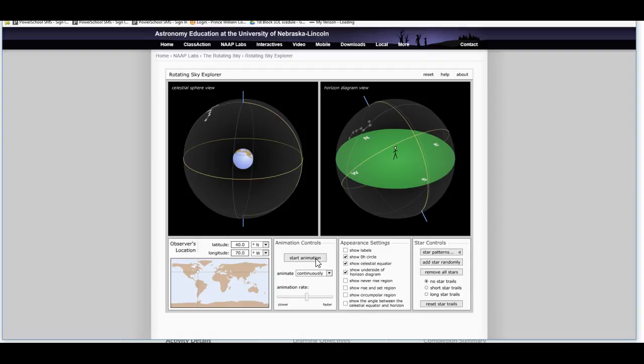And we'll move on to setting adjustment 4, which is staying in the same place, but now I'm going to choose long star trails, which is this button, and I'm going to go ahead and select start animation.